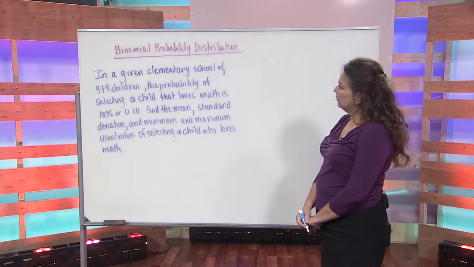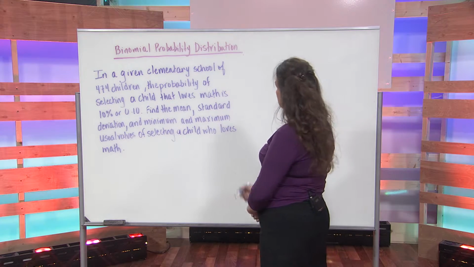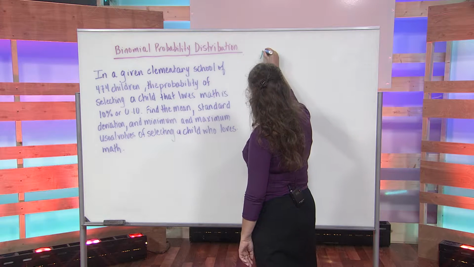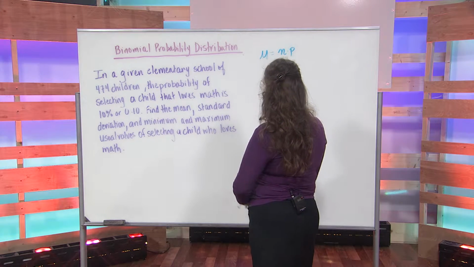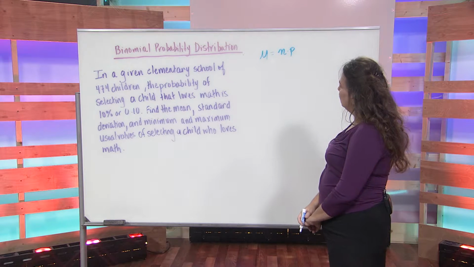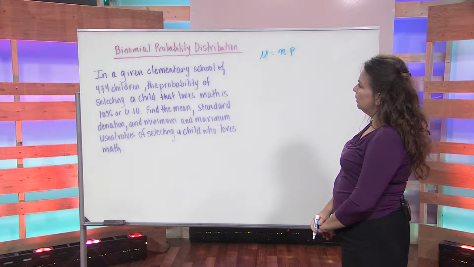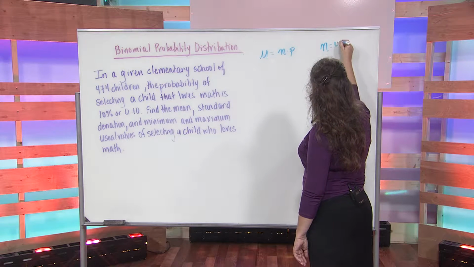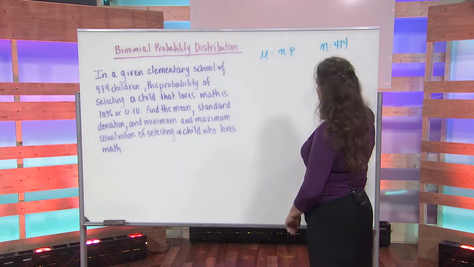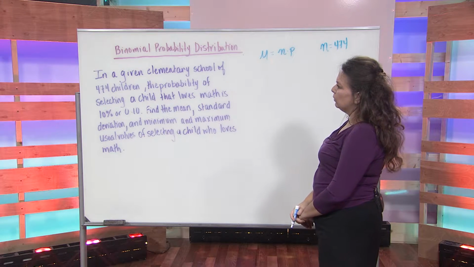So we want to recall for a binomial probability distribution that the mean is equal to n times p. In our problem, we need to identify our n and our p. So n in this case is the total number of children in this school, which is 474.